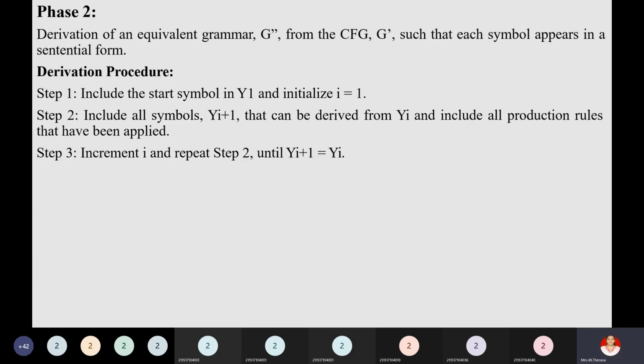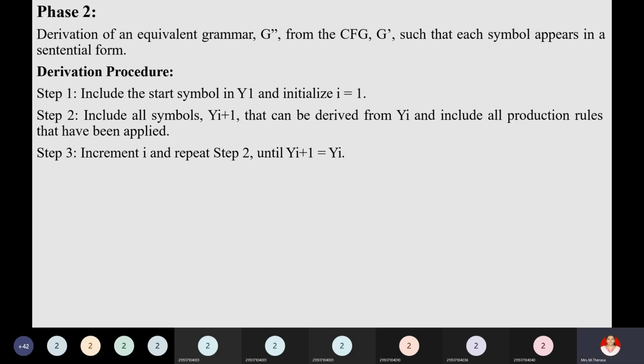And in phase 2, what you are going to confirm is the derivation of an equivalent grammar G dash from G such that each symbol appears in a sentential form. See, the first one, it should generate some string. And the second one is it should be reachable from the start symbol. Can you remember the sentential form? It is a partial derivation tree which has the root as the start node, so a sentential form should start from the start node.